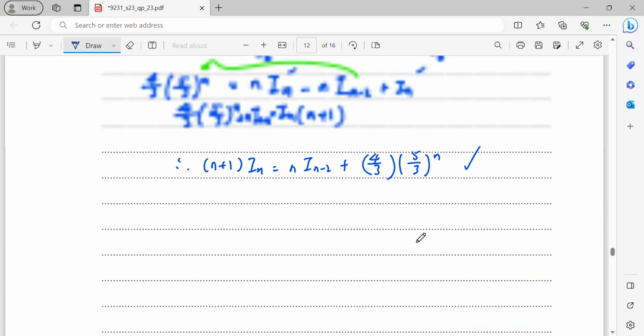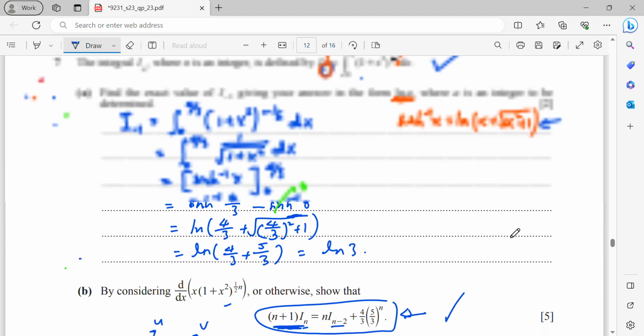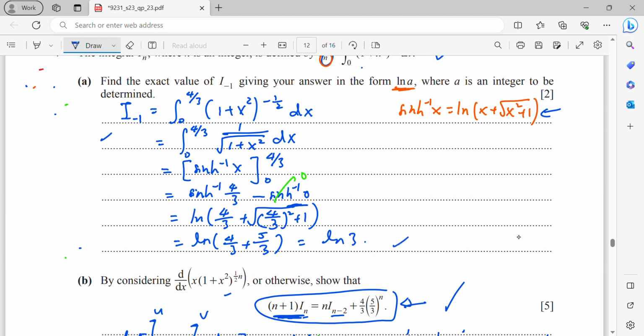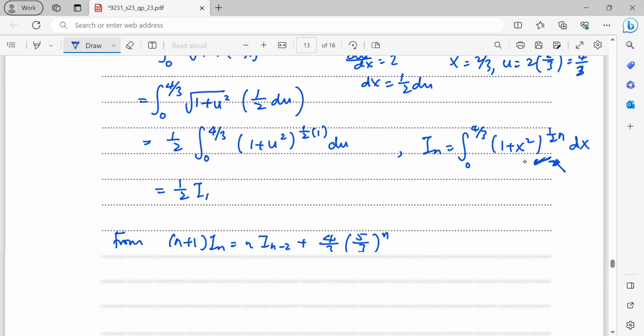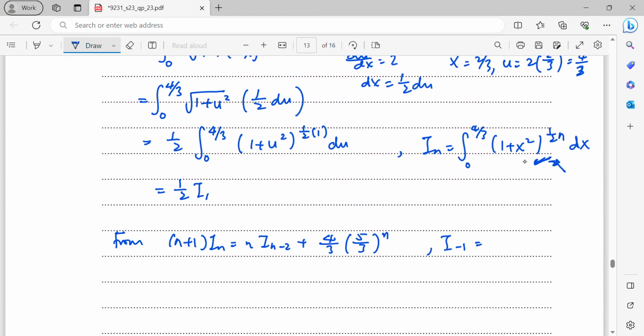And at the same time, if you still remember, just now we have counted I negative 1 is ln 3. So now, to get I1, I will replace the n by 1. I will get 2I1 equals 1 times I negative 1 plus 4 over 3 times 5 over 3 to the power of 1.